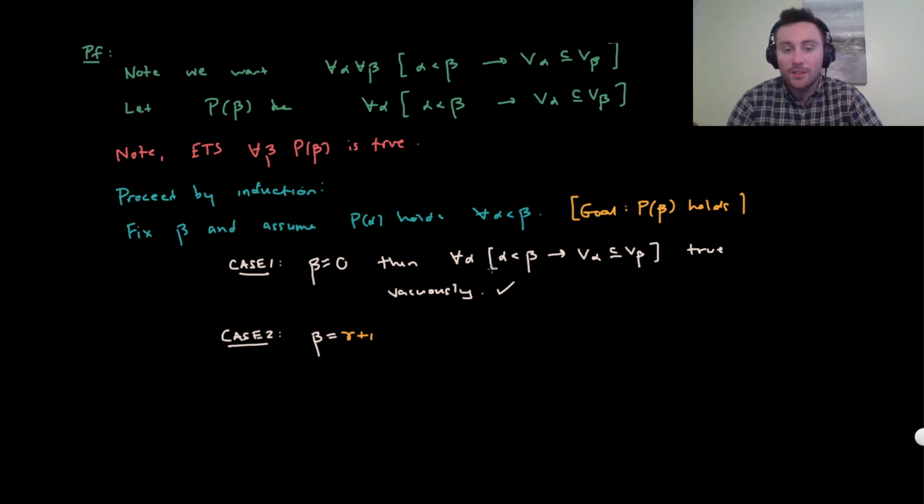And so what is our goal now? Our goal is to show that for all alpha less than gamma plus 1, or less than beta, we have that V alpha is a subset of V gamma plus 1. Right? This is what our goal is.